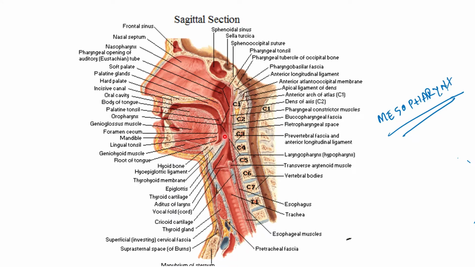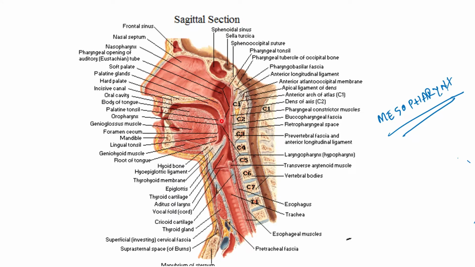The oropharyngeal isthmus is limited above by the soft palate, as we can see over here. It is limited below by the posterior or dorsal one third of the tongue, and on each side the isthmus is bounded by the palatoglossal arch containing the corresponding muscle.